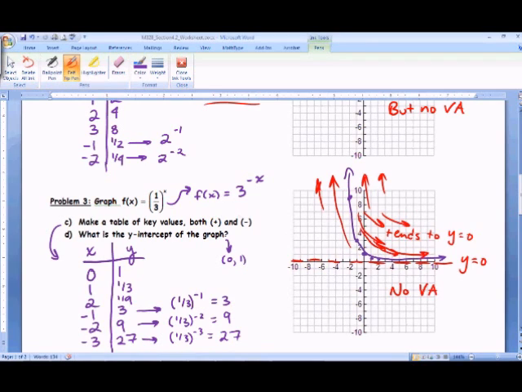And that would be a reflection of the graph g of x equals 3 to the positive x, right? When you take the opposite of the input, the transformation to that function is a reflection about the y-axis or the line x = 0.